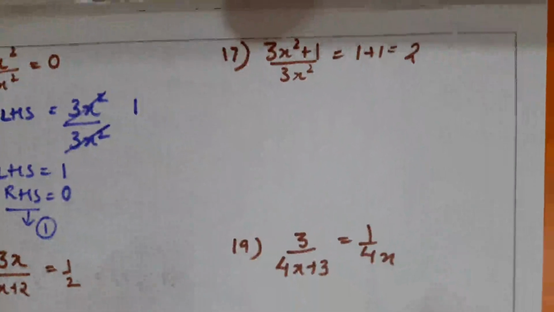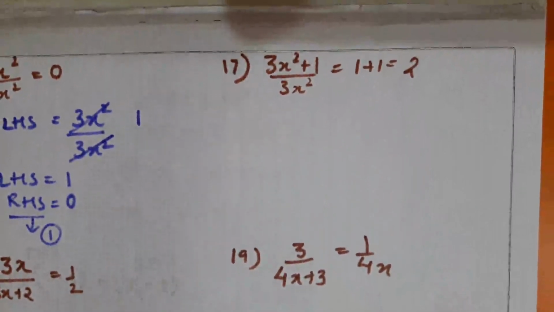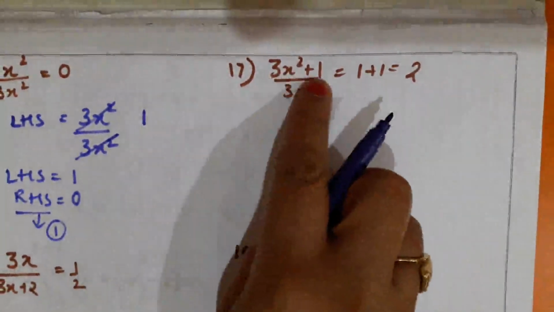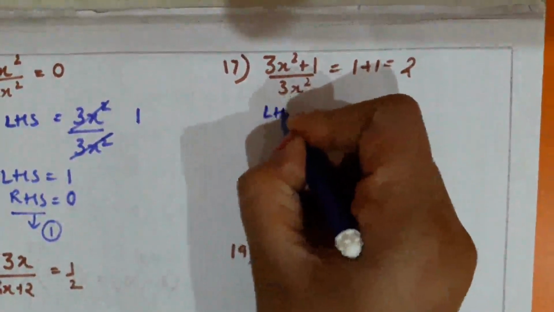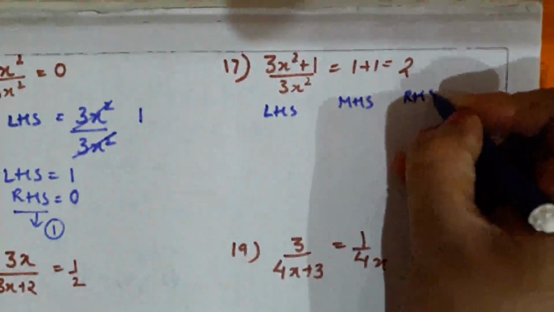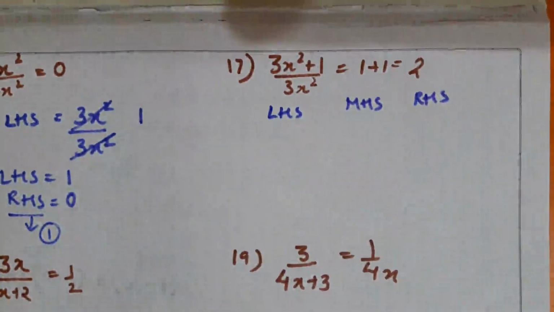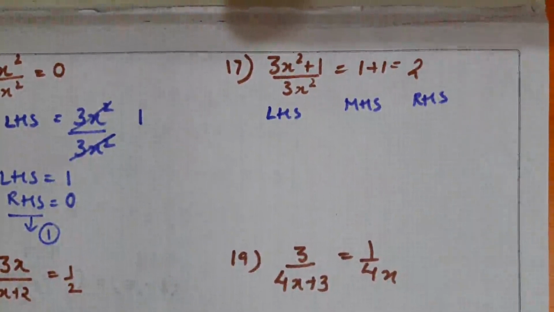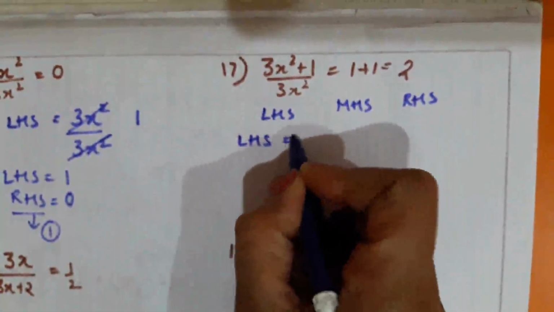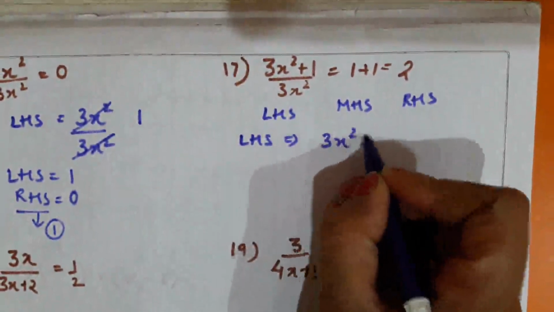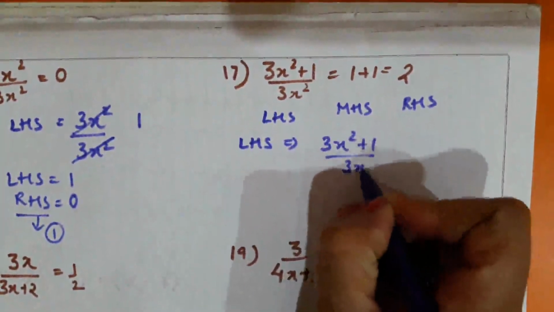Okay, now in the 17th part, (3x squared plus 1) upon 3x squared. So we are having again left hand side, middle hand side and right hand side. So we need to prove that the 3 of them are equal to each other. So let's see the left hand side, (3x squared plus 1) upon 3x squared.